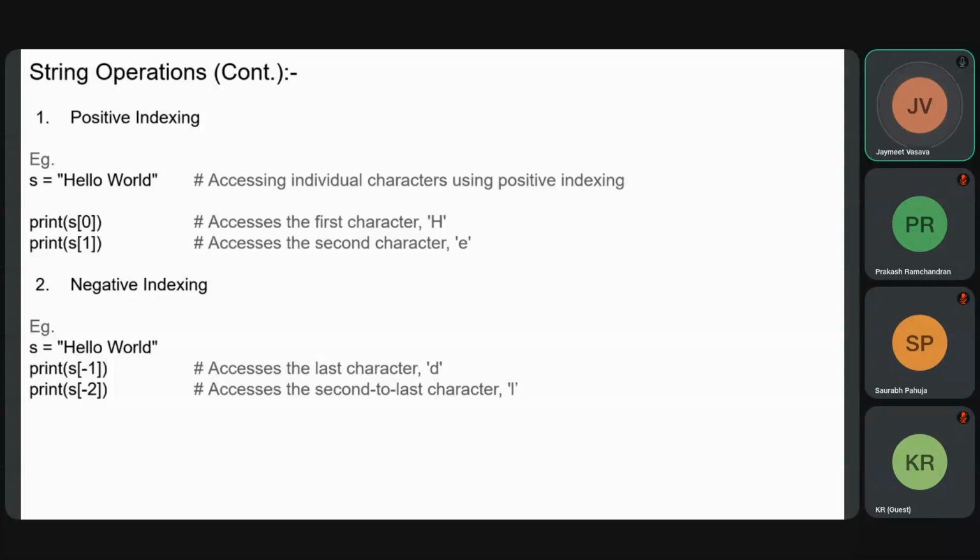It will start printing the values from last to first. So we are starting with -1, the last alphabet that is present in the string hello world, and D will be printed, and for -2 it will be L, and for -3 it will be R, and so on.